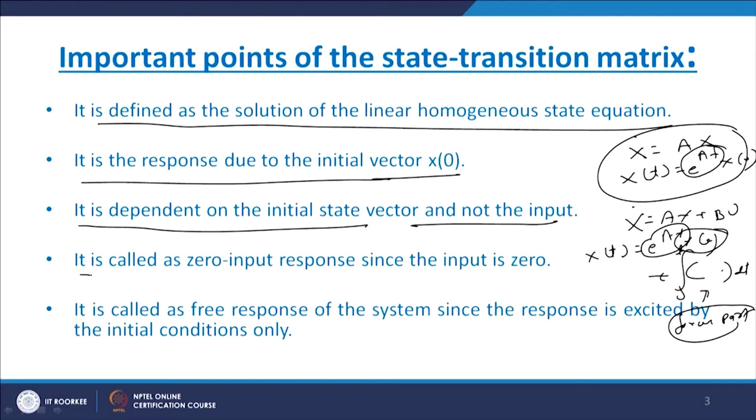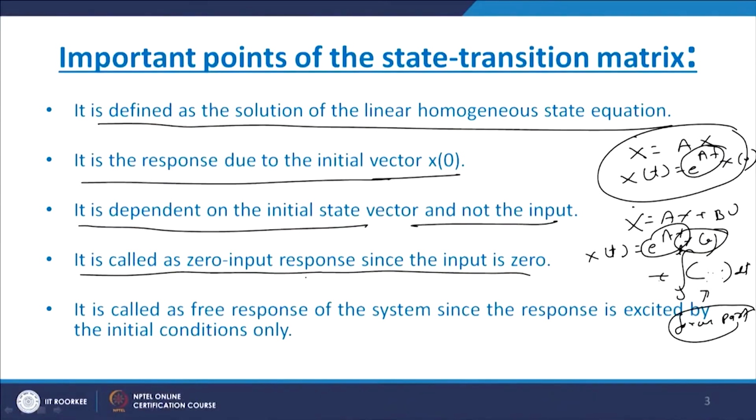This part, the state transition matrix, is concerned with only x naught. So, it is called the zero input response, since the input is 0, whereas if you take the force part, this is called the zero state response. In the force part there is no initial state involved, but as we are now discussing the state transition matrix, it is concerned with the zero input response, because in e raised to a t into x naught there is no input.